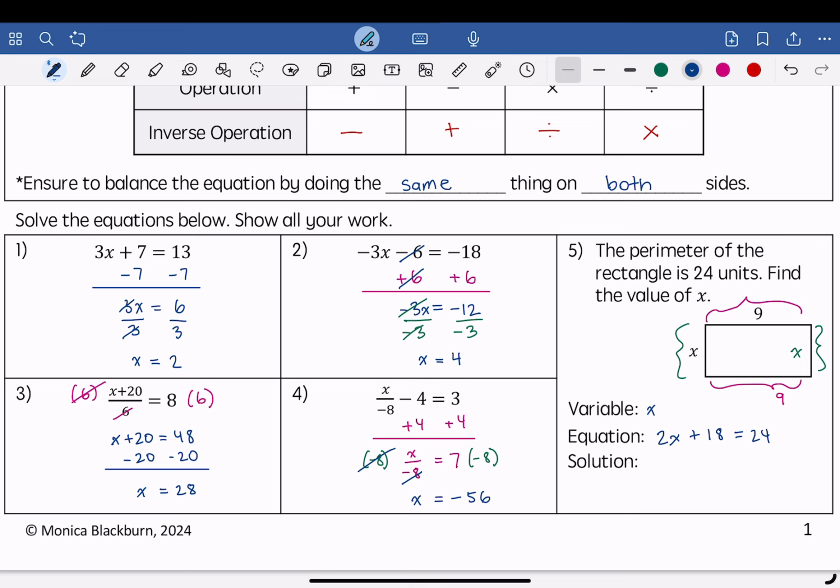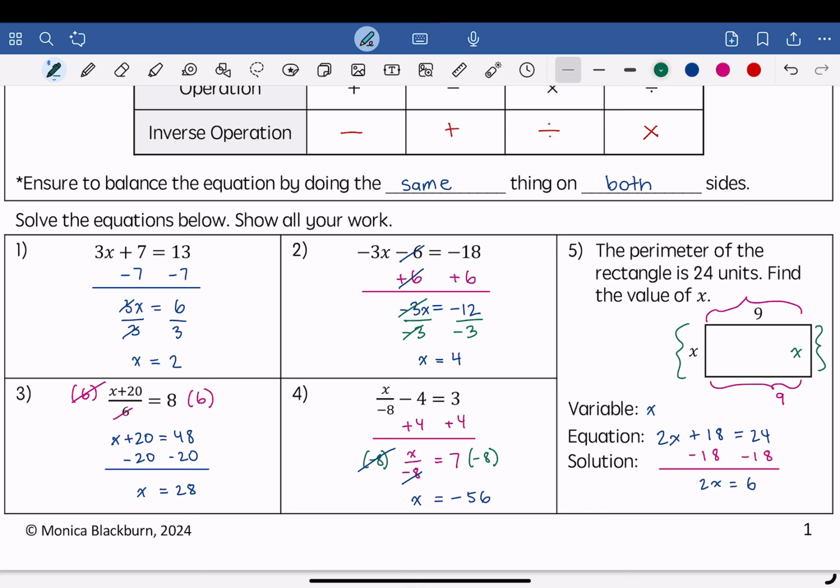Now I'm going to isolate the x by first moving the constant to the other side. This one I'm going to eliminate. Minus 18. Whatever I do to one side, I do to the other. That becomes 2x is equal to 24 minus 18, which is 6.